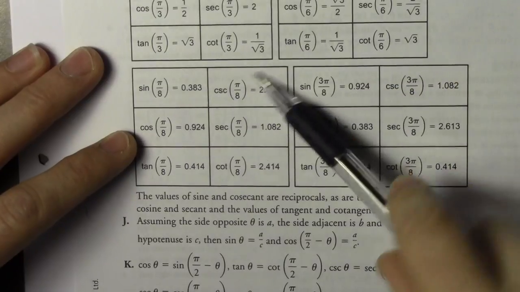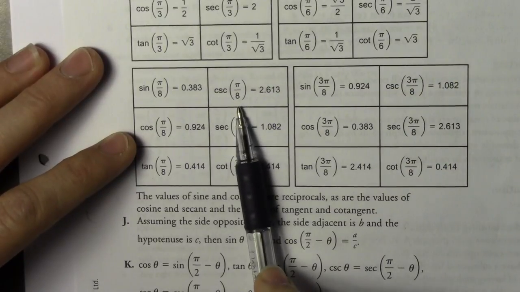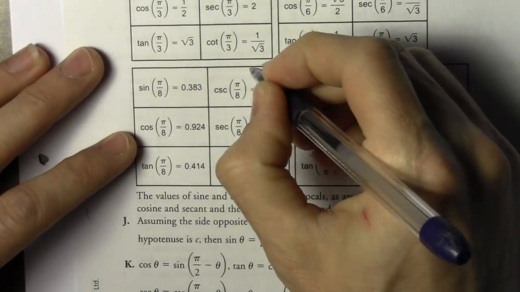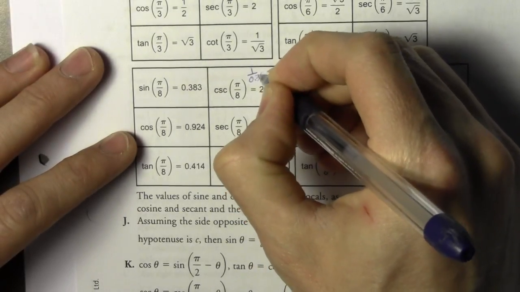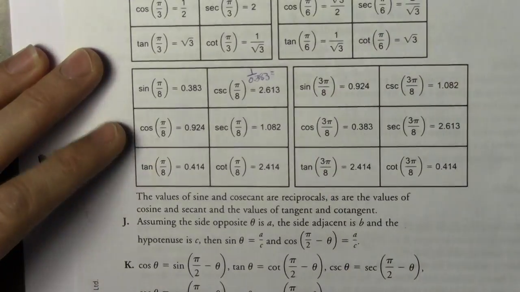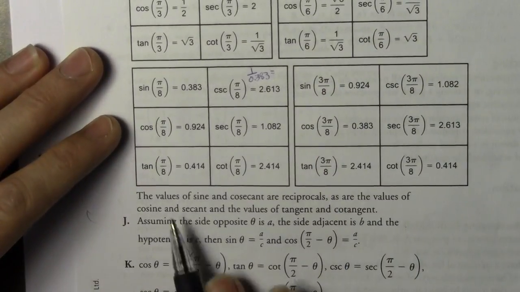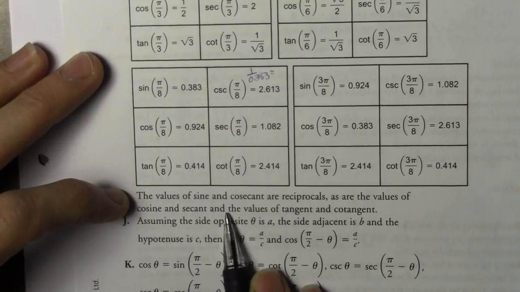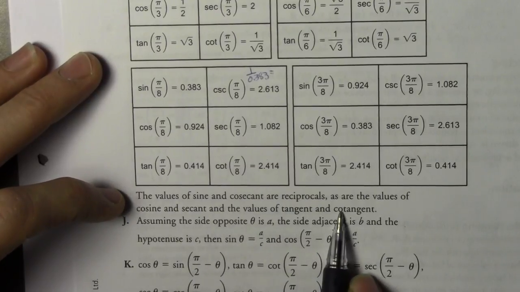And we find that our reciprocal trigonometric functions have the reciprocal values. So this would be 1 over 0.383. So the values of sine and cosecant are reciprocals, as are the values of cosine and secant, and the values of tangent and cotangent.